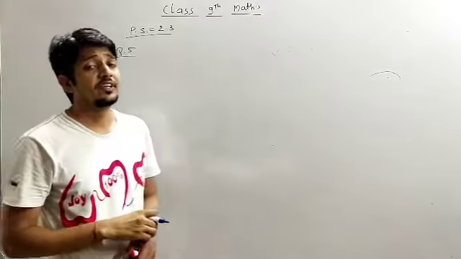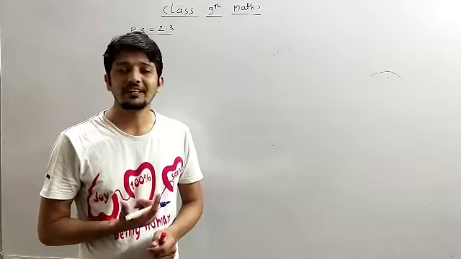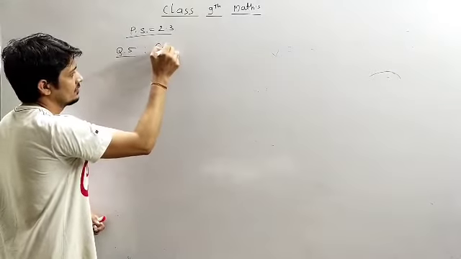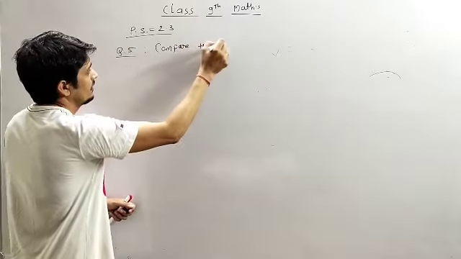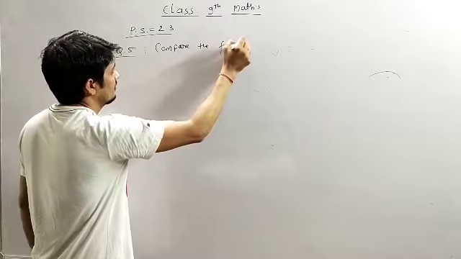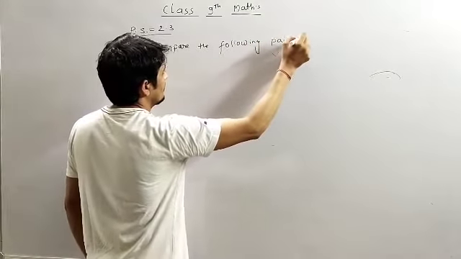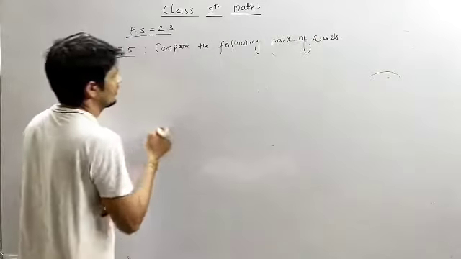Question 5 says, compare the given surds whether they are equal, greater or lesser. Compare the following pair of surds.